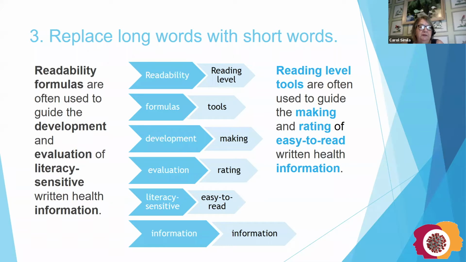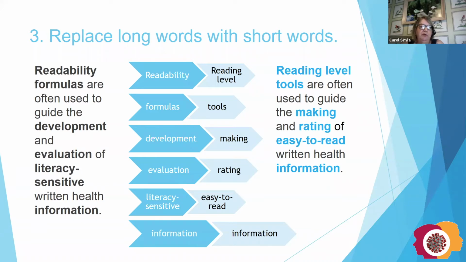And evaluation is a 2-syllable quasi-long word; an example of a replacement would be rating. The making and rating of literacy sensitive, well, easy to read. And information I left as information.